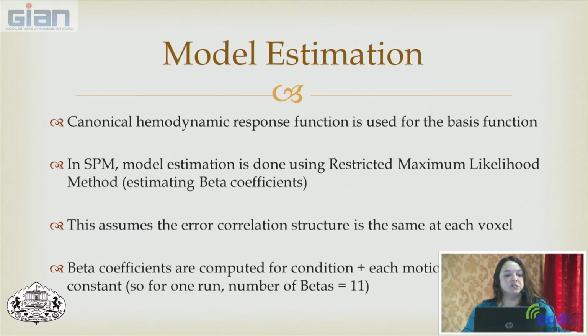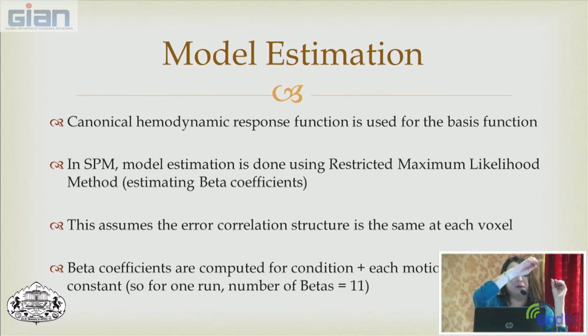We assume a function for the bold signal when we do the modeling. We assume that this signal is going to go up and down, and then we're going to try to fit our intensities to this function, and line them up in a linear way.